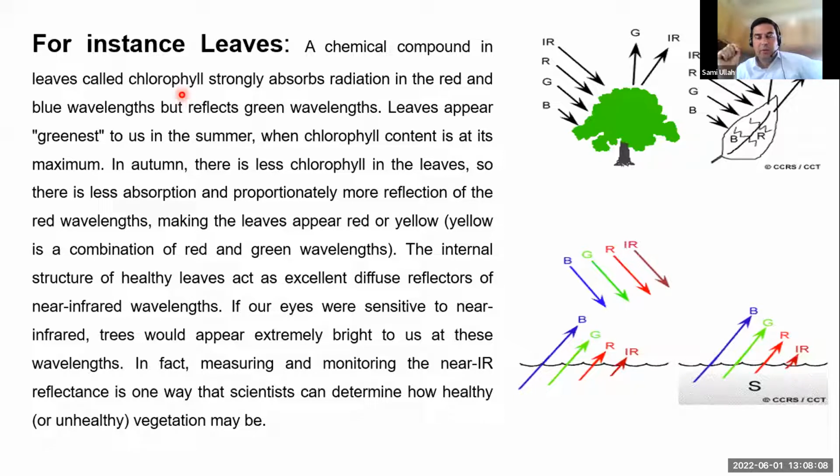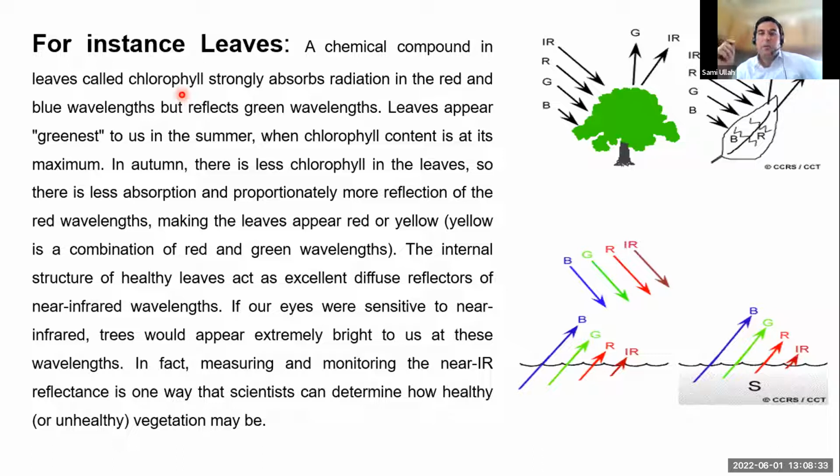So in the visible spectrum, we have red and blue. These red and blue radiations are absorbed by the leaf of the tree, but it reflects the green color. And that's one of the reasons that we can see leaves or trees in green color.